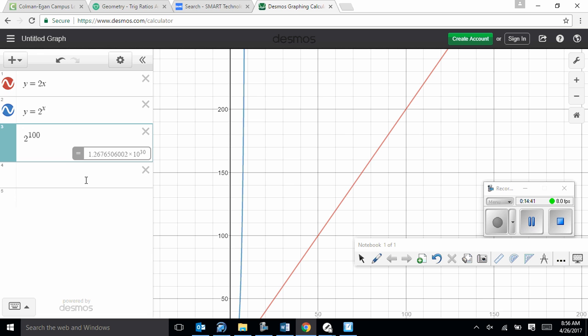So 1.27 times 10 to the 30. Well, that's bigger than 200, right? If we're looking at candies, do you want 200 candies or 1.26 times 10 to the 30 candies? Right. We want as many candies as possible.